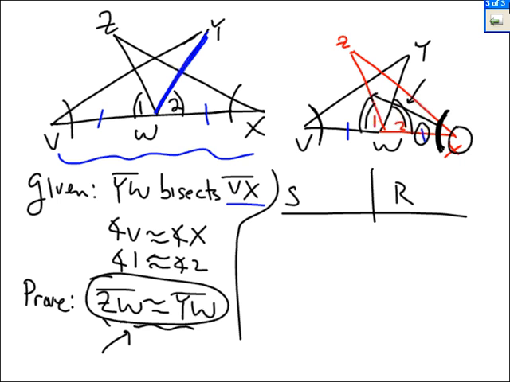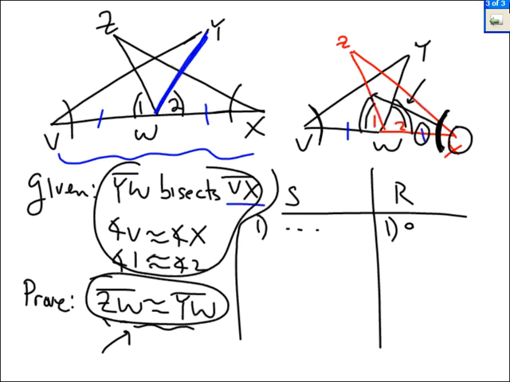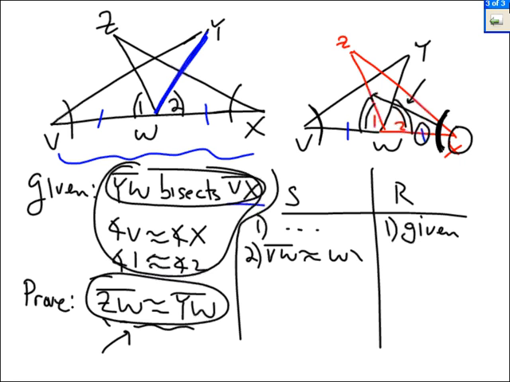Okay, let's see if this is going to be enough room. Statement 1, I put the 3 givens. Reason, justification, they're given. Okay, so since YW bisects VX, it bisects at W. We can say that VW in length is congruent to WX.